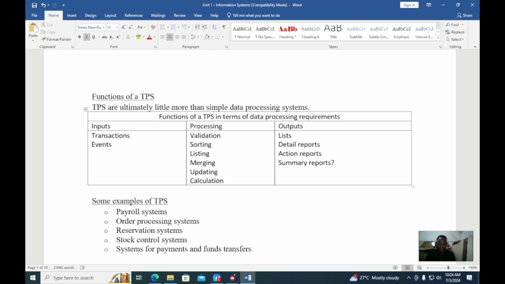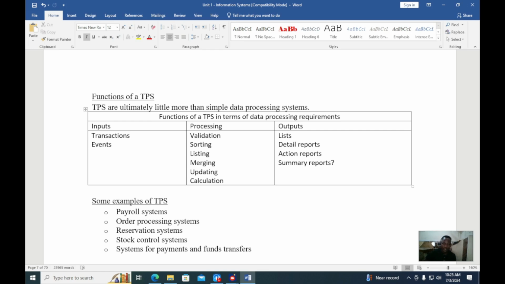When they take the transactions and events, they do validation of the data, they sort the data, in terms of, maybe this is the information for so and so, this is the information for this other client. They are listing the data, merging the data, updating the data, and doing calculations. The results of all this processing are lists, detailed reports, action reports, and summary reports.